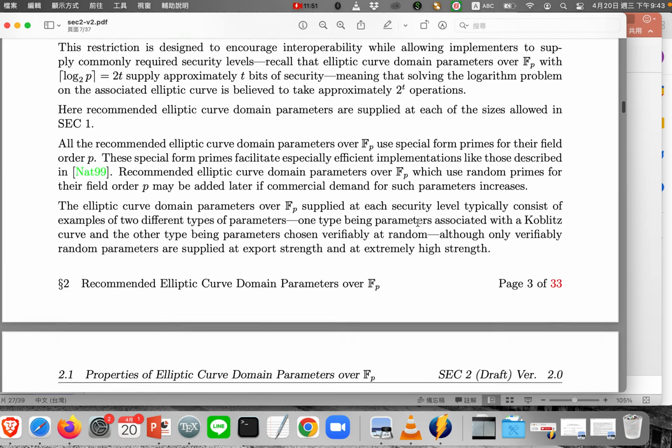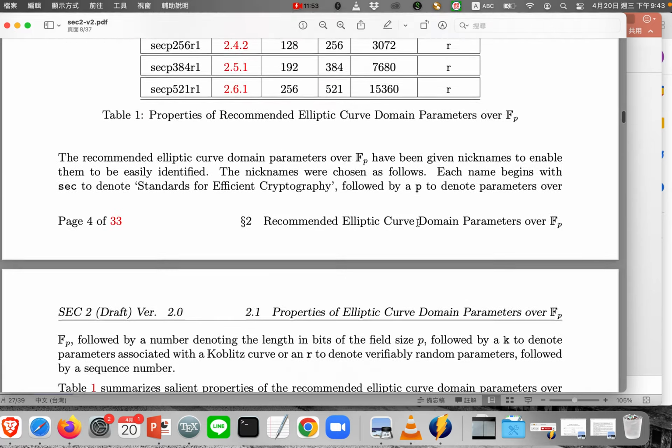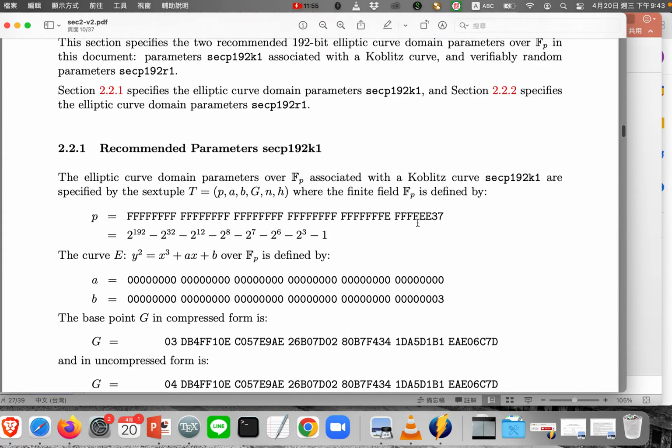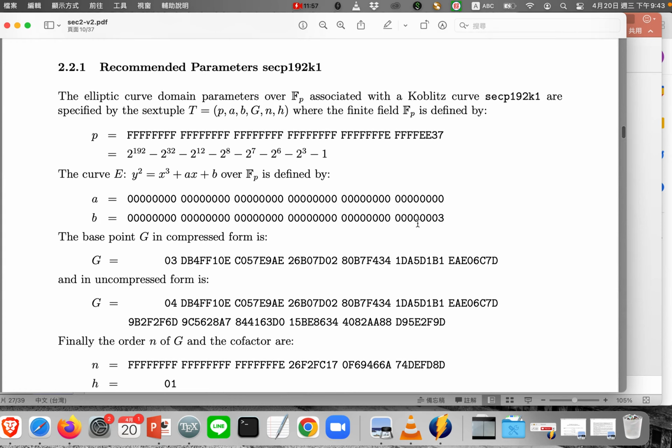Let's take a look at some concrete curves. Let's take a look at this curve, SECP192K1. This is a curve that uses 192 bits, and this curve's name is K1. The parameters P, a, b, G, n, h, we can take a look.